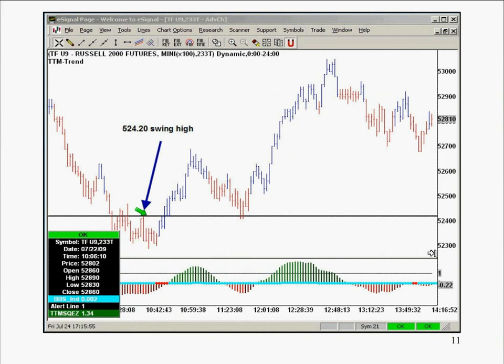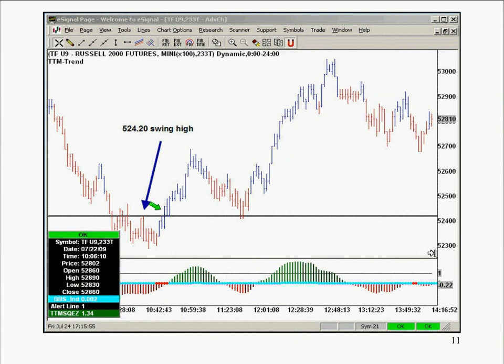So again, in this case, what do you want to see? I want to see it take out a prior swing high. So in this case, this is the 524.20 swing high. So you could have placed a stop to buy at 524.30 on a buy stop, or you just click the market button if you trade above that.